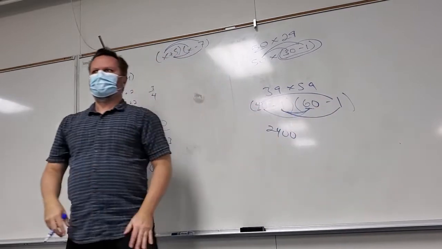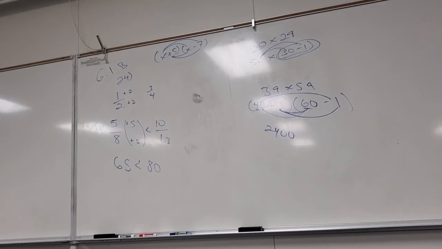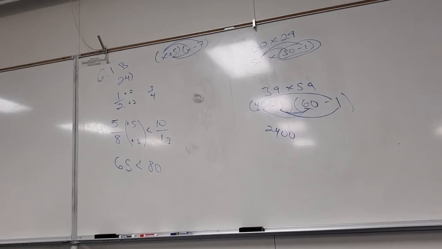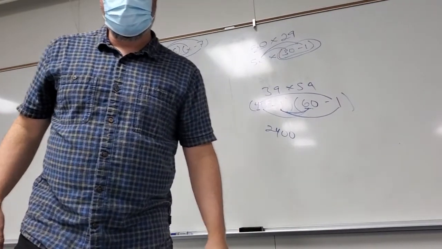So 2,400, minus 60, minus 40, plus 1. Anything else, guys? Yeah, good. That would be 3B.